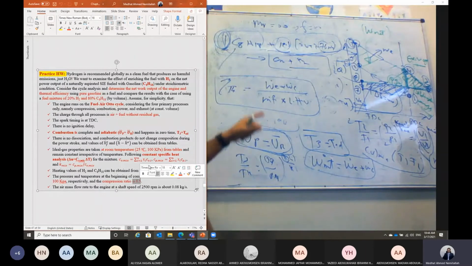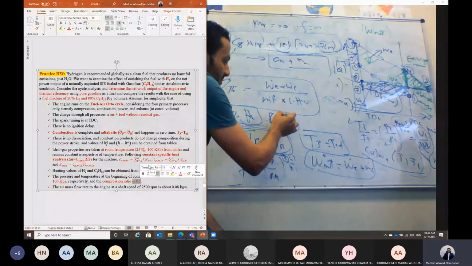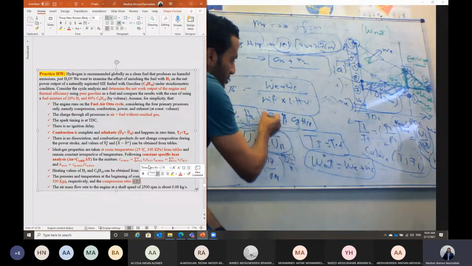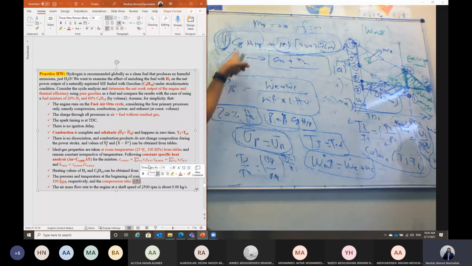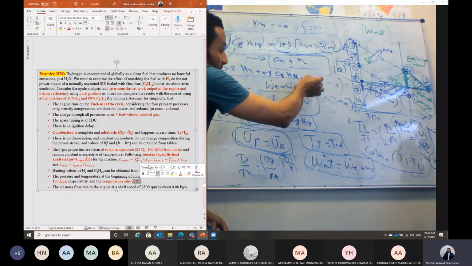But this is for the case of what? The fuel is pure isooctane. So let's consider the next case when we have enrichment with 20% hydrogen, 20% hydrogen and 80% isooctane, C8H18. So let's write down the combustion equation. It will be 0.2 of hydrogen plus 0.8 of C8H18 plus air.